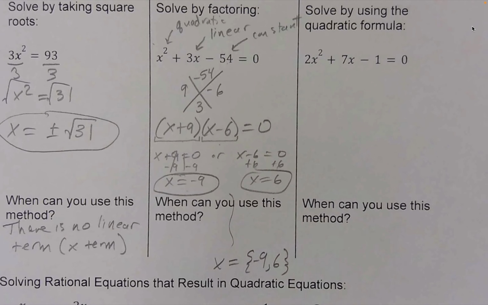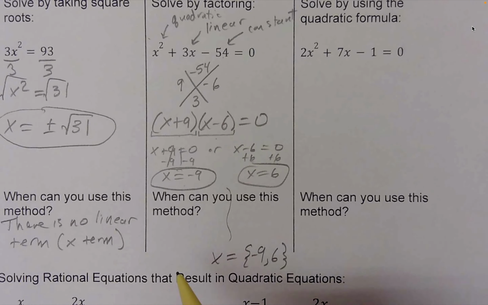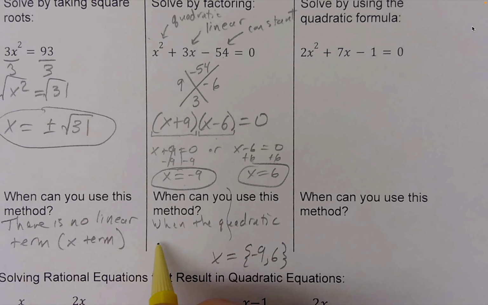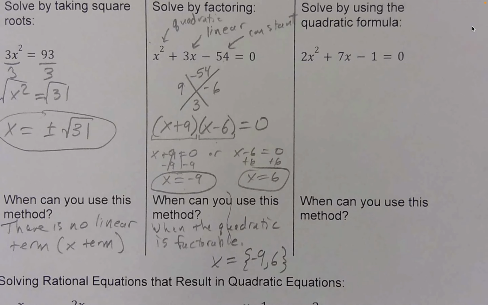Okay. When can you use this method? Well, it's kind of a funny answer. When the quadratic is factorable. You can solve by factoring when it's factorable. What a great answer, huh?